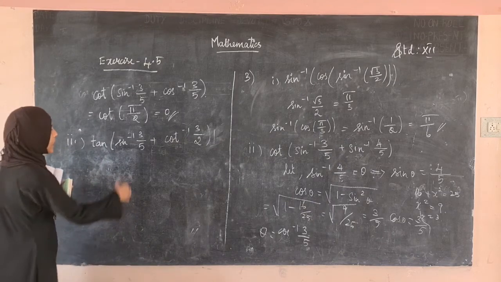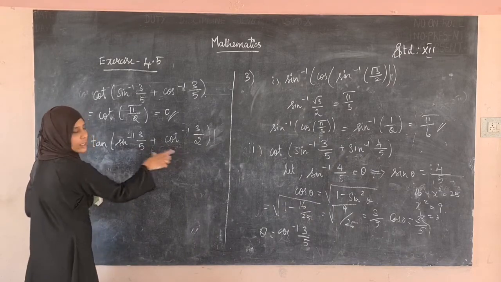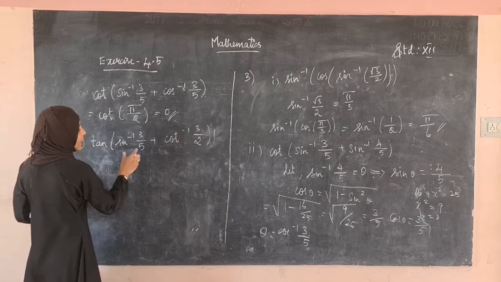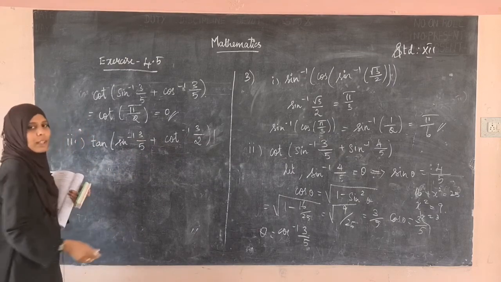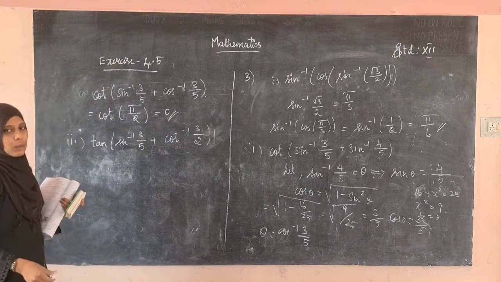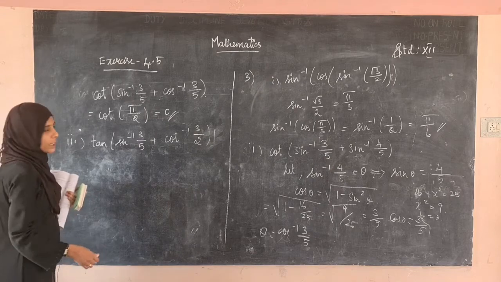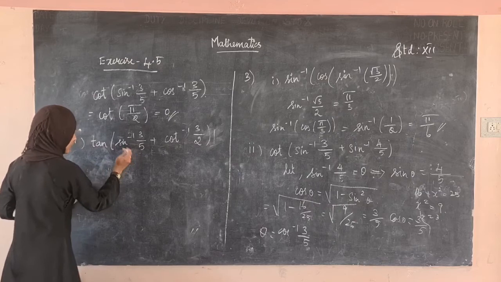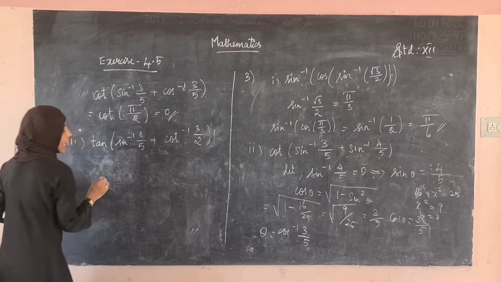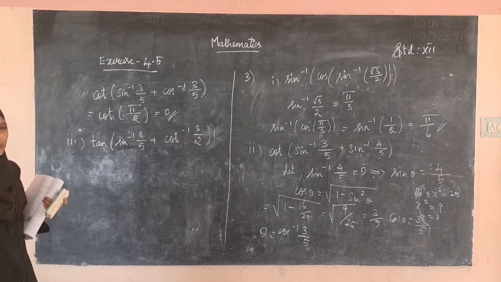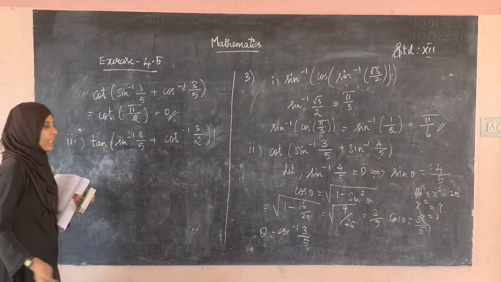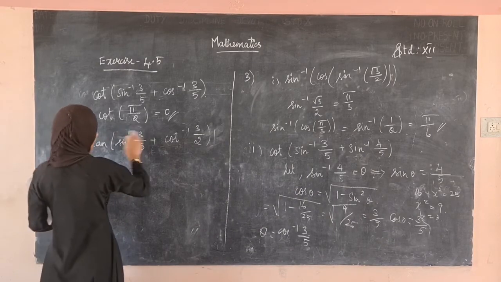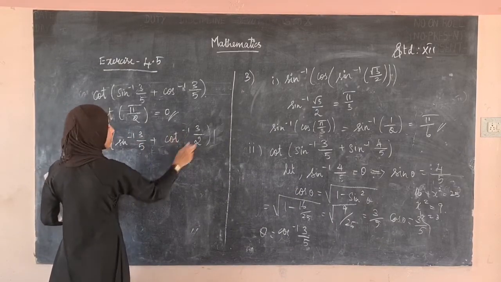If we change both of these to tan inverse, then we use the formula tan inverse of a plus tan inverse of b is tan inverse of a plus b divided by 1 minus a into b. Using that formula, in the inner part we get tan inverse of some value. Then using the identity tan of tan inverse of x is equal to x, we can find the value. So for that we have to change this to tan inverse, and this is also tan inverse.